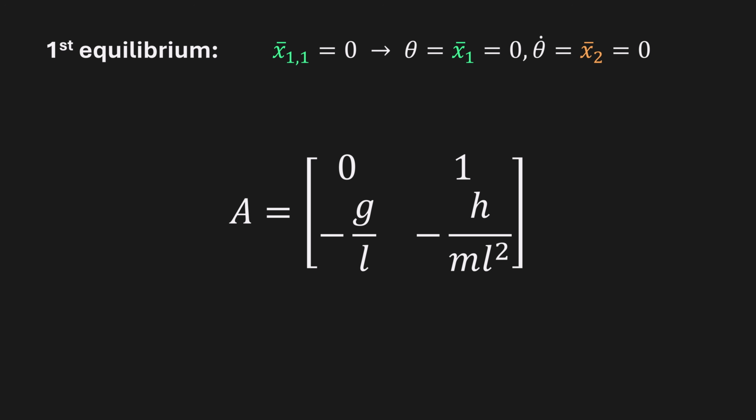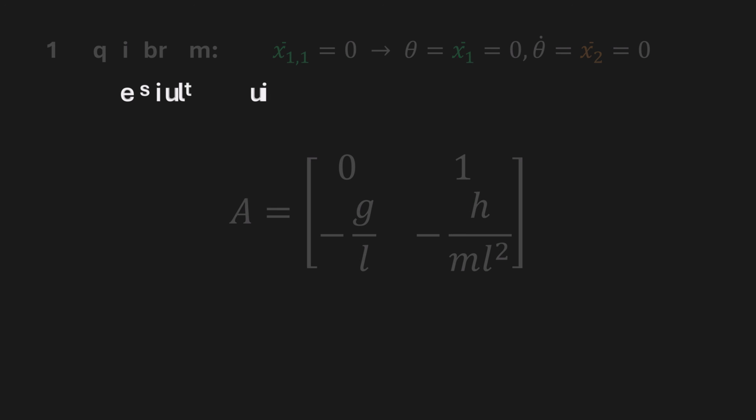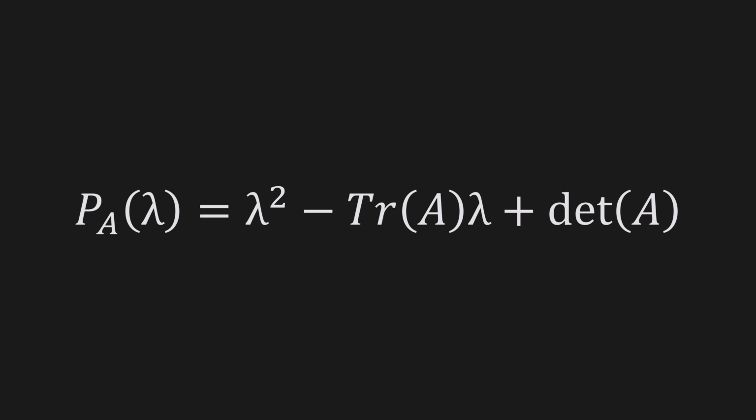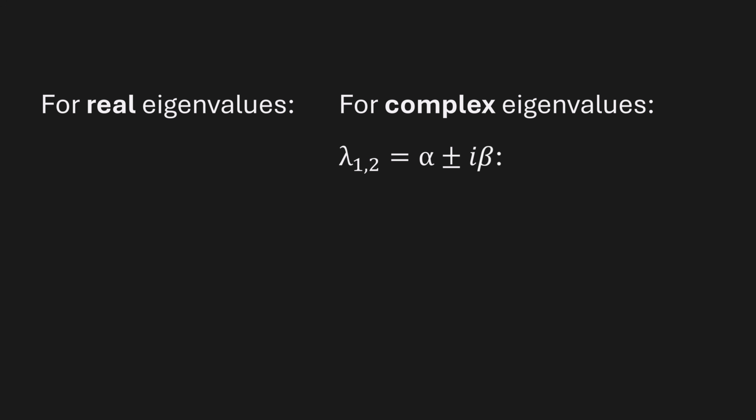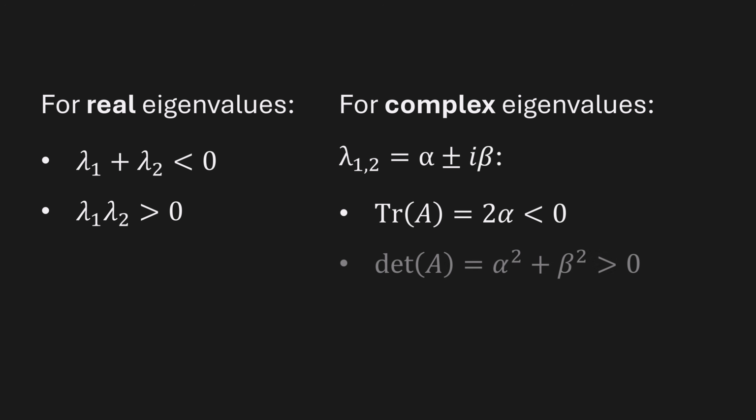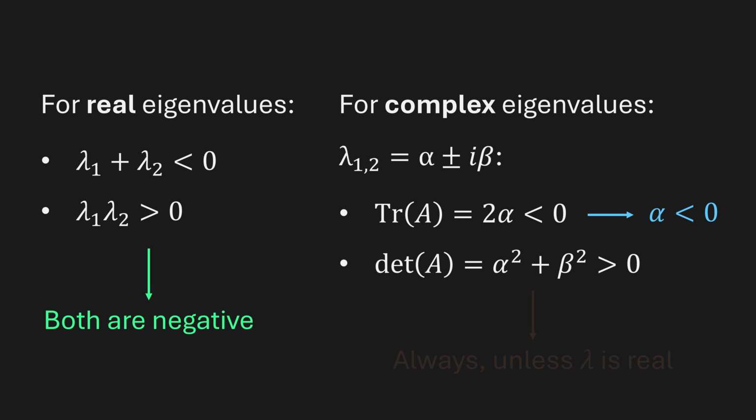Now, we need to calculate the eigenvalues, but we can be smart about it. Since we just want to know whether the real part is negative or not, we can speed the process up quite a bit. For a 2x2 matrix, its characteristic polynomial is, as we said earlier, the following. Since we proved that the trace and the determinant are invariant, it means that they are the sum and the product of the eigenvalues respectively. So we have that for real eigenvalues, if the sum is negative and the product is positive, the only possibility is they both are negative.